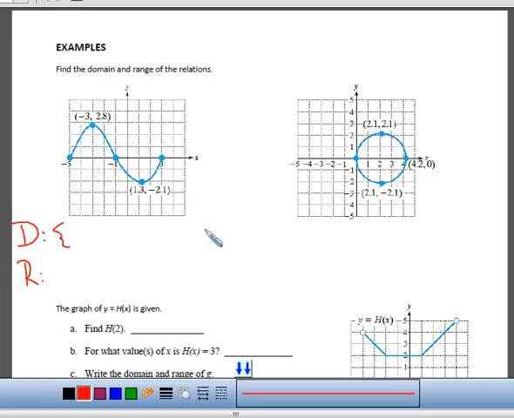Alright, so I'm going to use my curly bracket. I'll do set builder first, and then I'll use the interval. So this one, finding the domain is a little easier because it's basically the biggest x value to the smallest x value. Alright, and notice these dots are shaded in, kind of like our inequality graphing. That means that these are included.